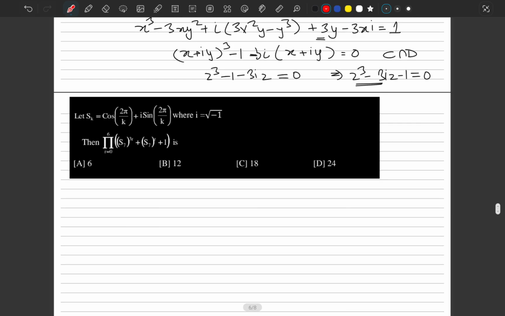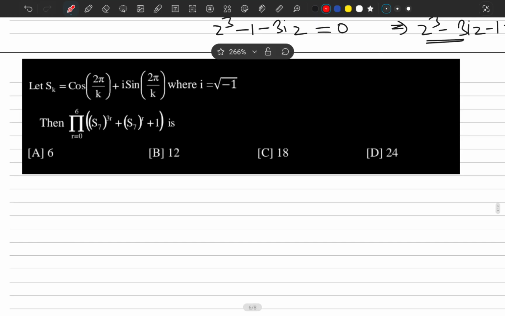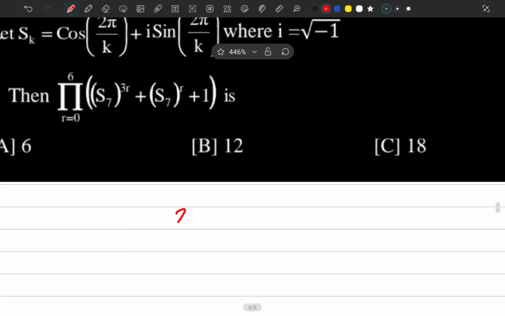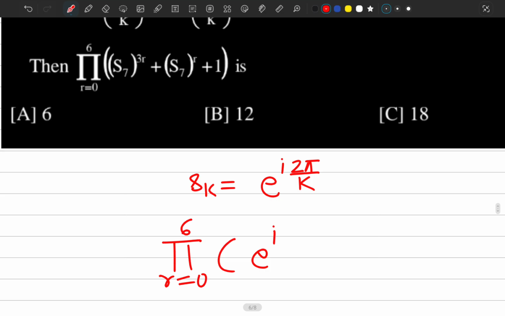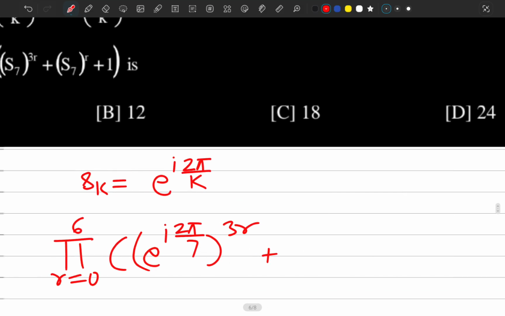Now this problem, let's see this problem also. Okay, we can say that as e to the power iota 2 pi k by 7, e to the power 2 pi by 7 3r plus e to the power 2 pi by 7 r plus 1.